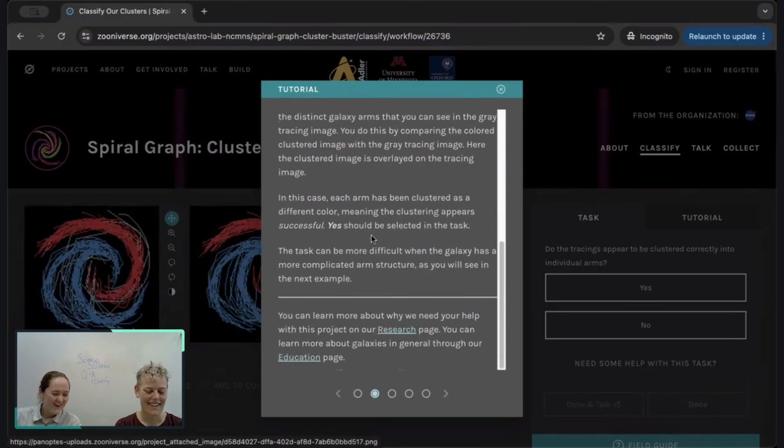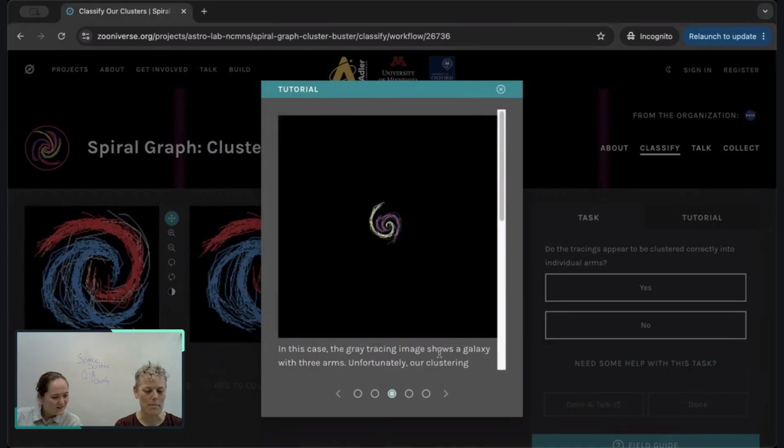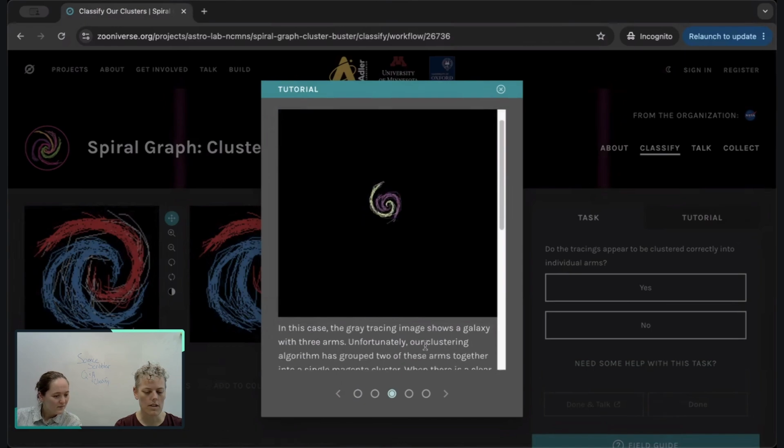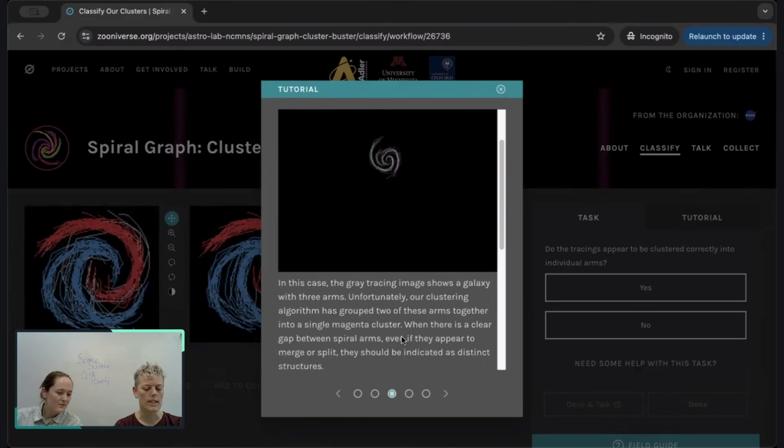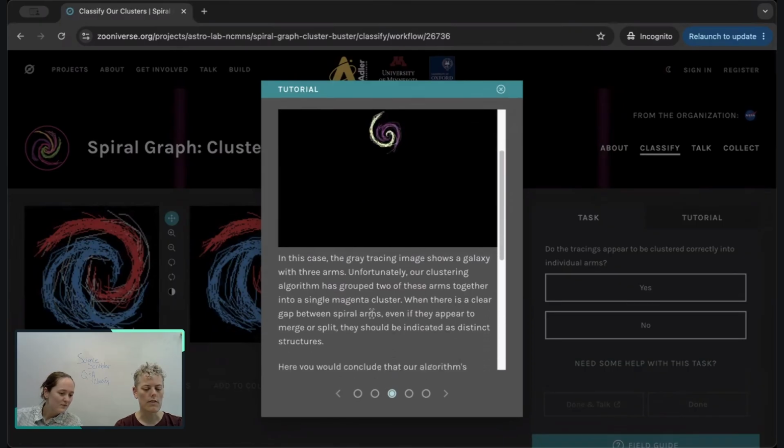Oh, it's quite small. They should really zoom that in a bit. But in this case, the gray tracing image shows a galaxy with 3 arms. Unfortunately, our clustering algorithm has grouped 2 of these arms together into a single magenta cluster. When there's a clear gap between spiral arms, even if they appear to merge or split, they should be indicated as distinct structures.